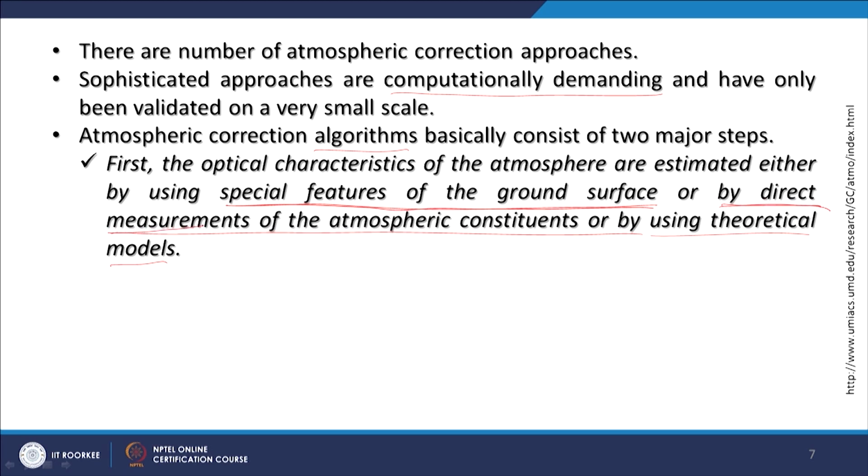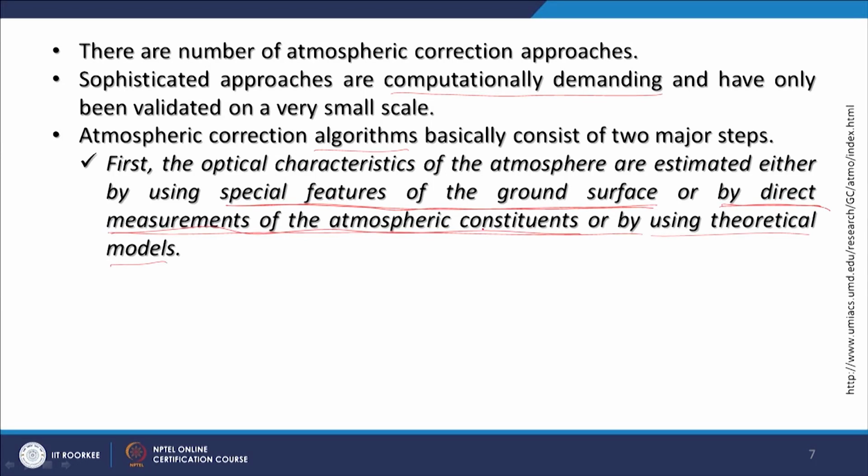The second one is direct measurement of atmospheric constituents. If you have some other method, such as meteorological stations or profiling, by which you know the concentration of aerosols and the concentration of different gases which are creating distortions in different parts of the EM spectrum, absorption and scattering, and if that information is available for the particular time when the satellite image was acquired, then this technique can work very well.